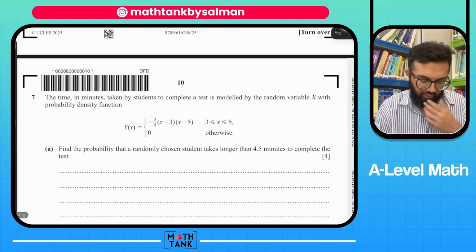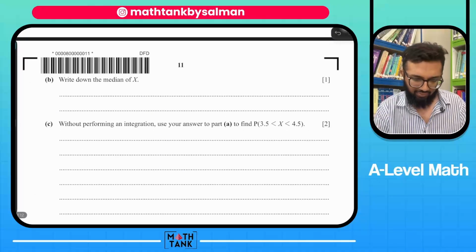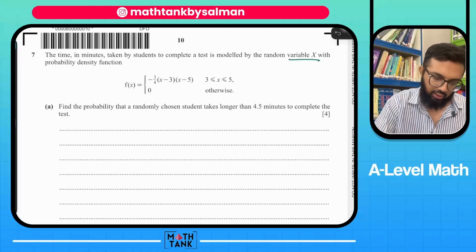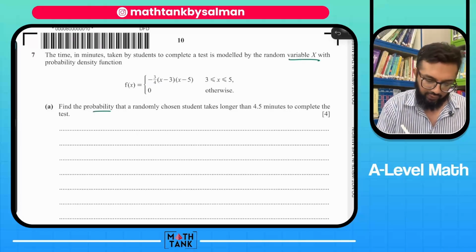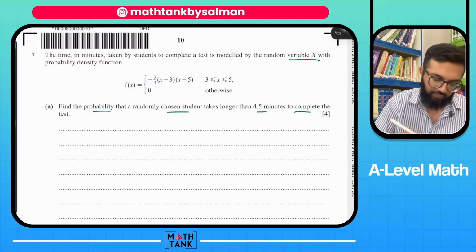That's an easy question, a lot of marks. Let's look at question number 7. That's the last question on this exam. Doesn't sound very difficult, but let's just do it. It's a quadratic function. It says find the probability that a randomly chosen test takes longer than 4.5 minutes to complete. So from 4.5 to 5, I have to integrate all of this.